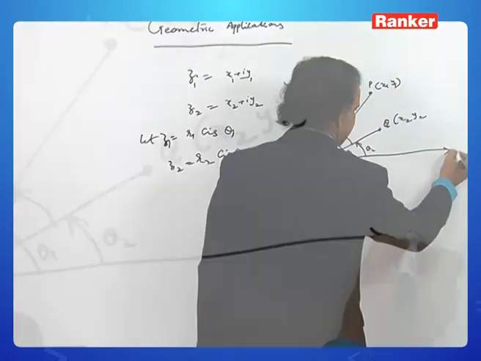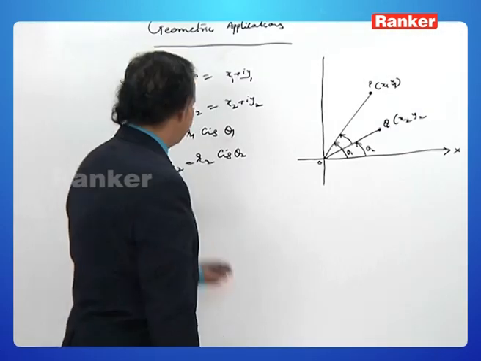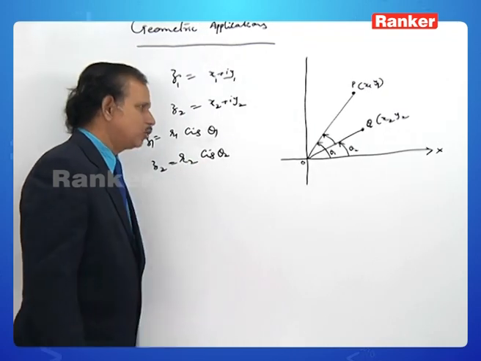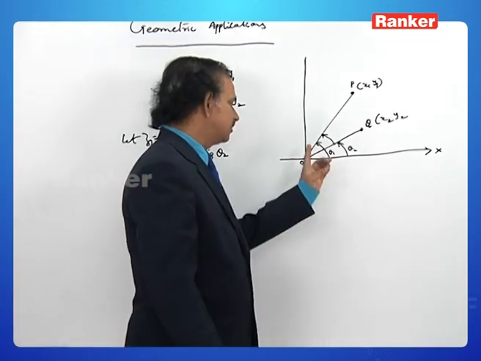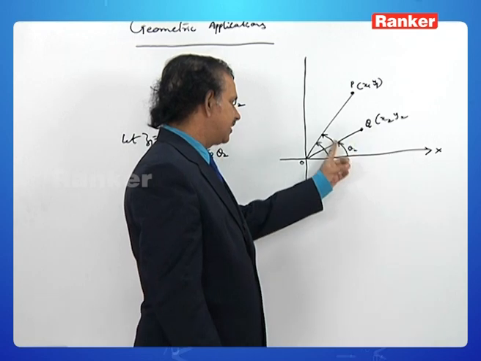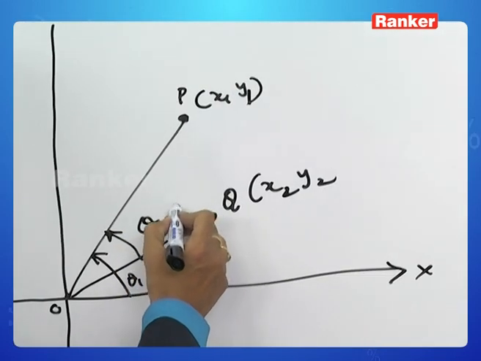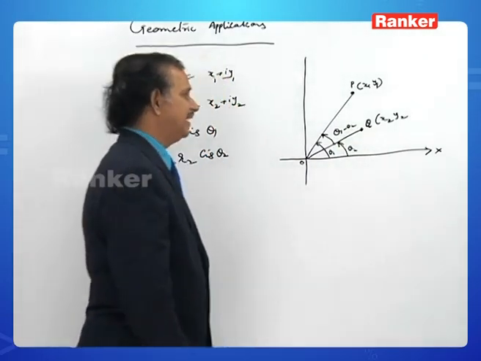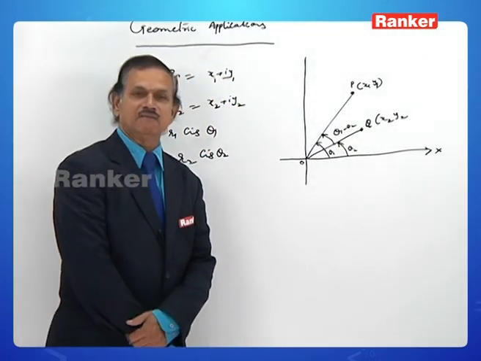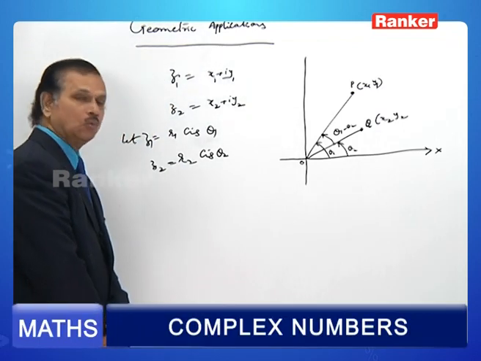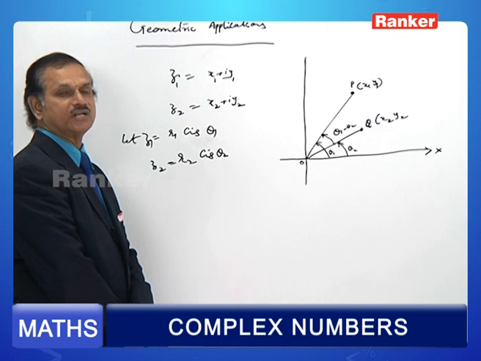Imagining this to be the x-axis, from our supposition amplitude of z1 is theta 1 and amplitude of z2 is theta 2. Therefore, this is the angle theta 1 and this is the angle theta 2. This is automatically theta 1 minus theta 2.